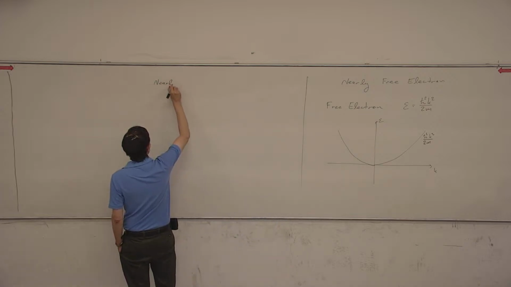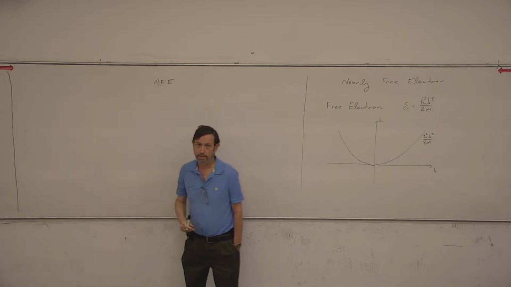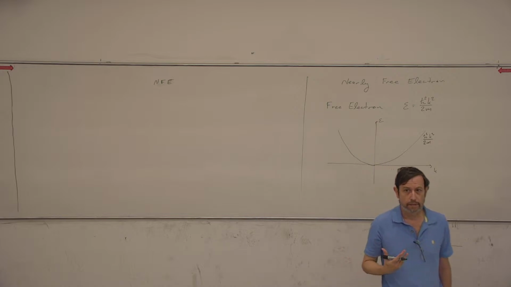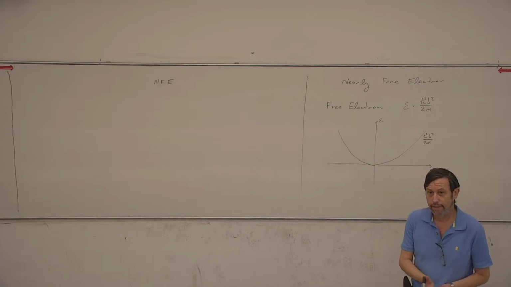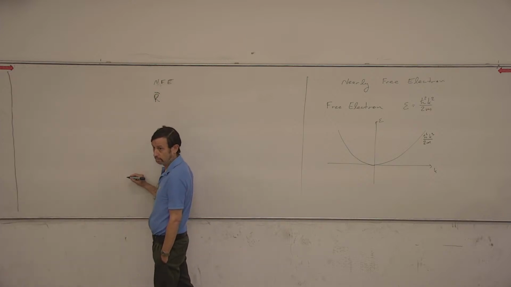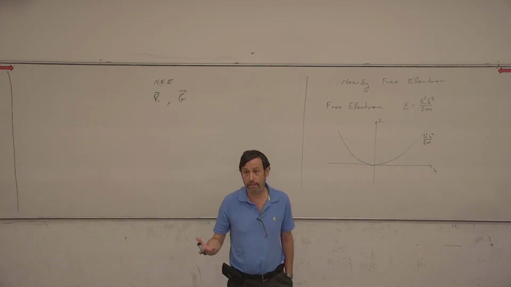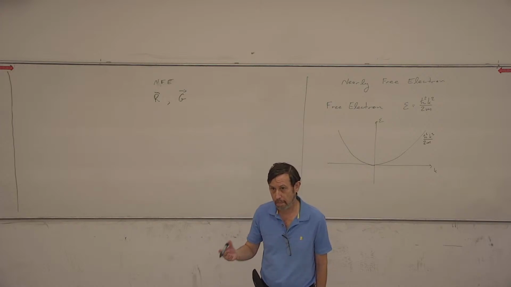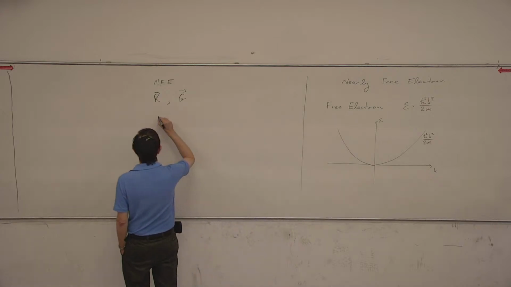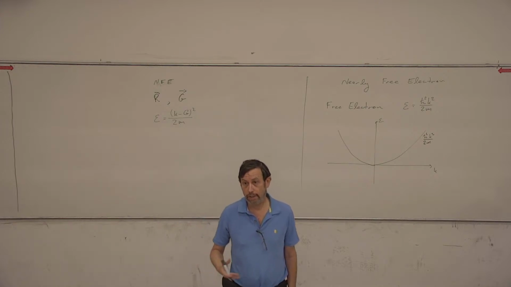For a nearly free electron, or I'll shorten it to NFE, I have already a discrete symmetry R and an inverse lattice, which is in the game. And for any G, I get the same solution.